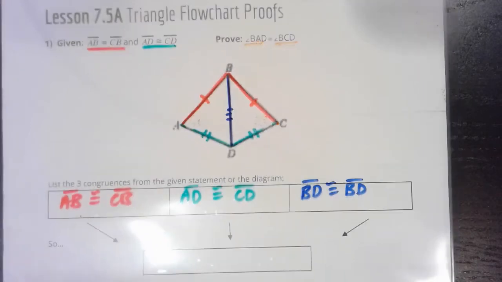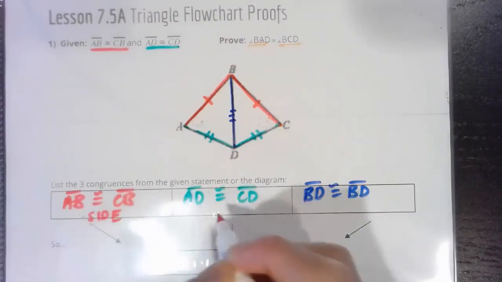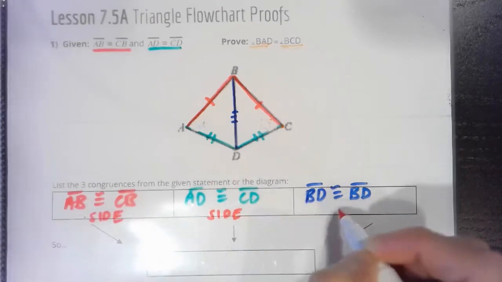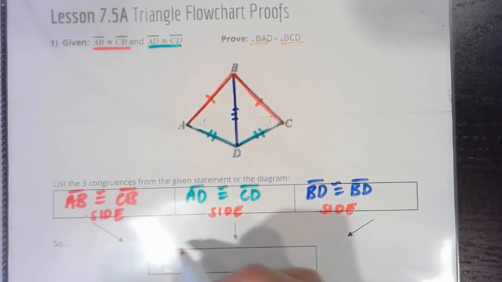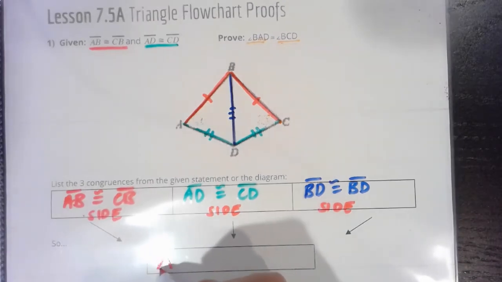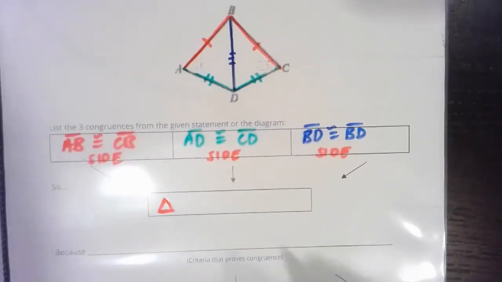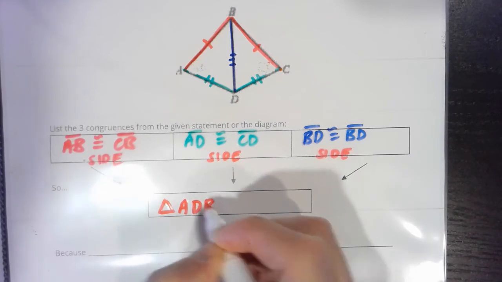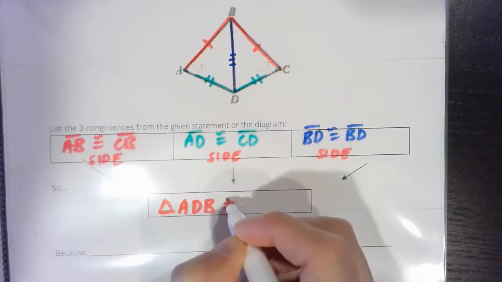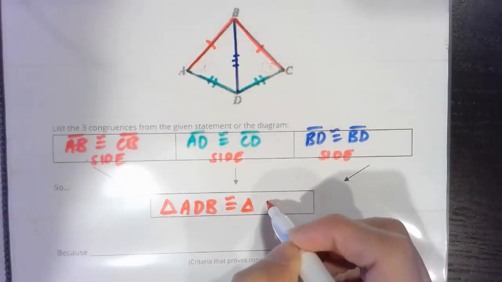And now we know that between these 2 triangles, they have this side congruent, this side congruent, and this side. 3 sides that are congruent. So we can say that triangle ADB is congruent to triangle CDB.